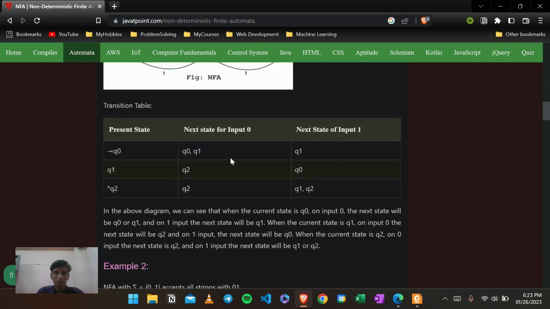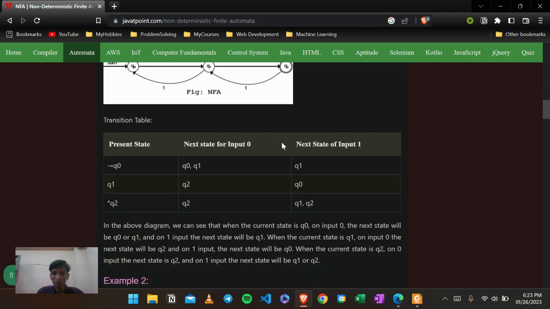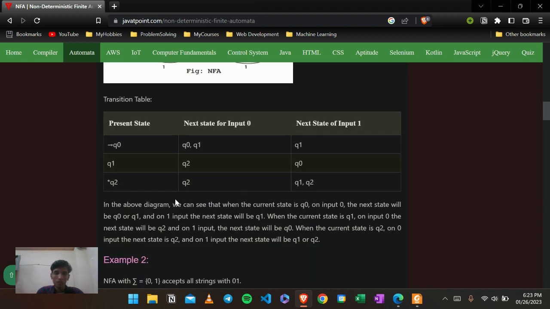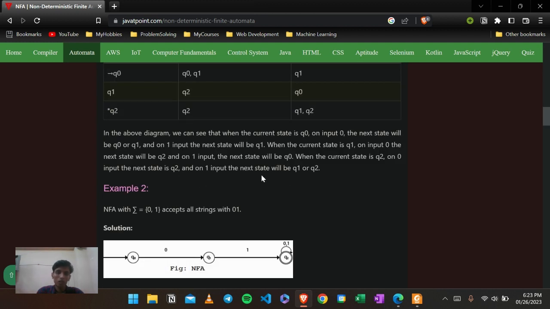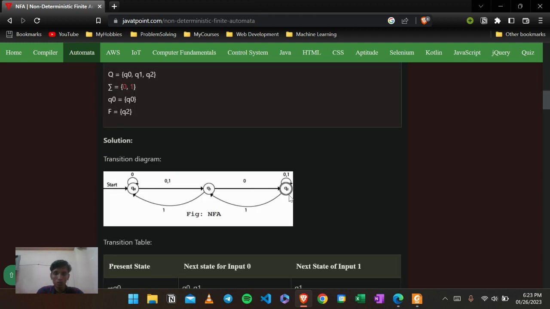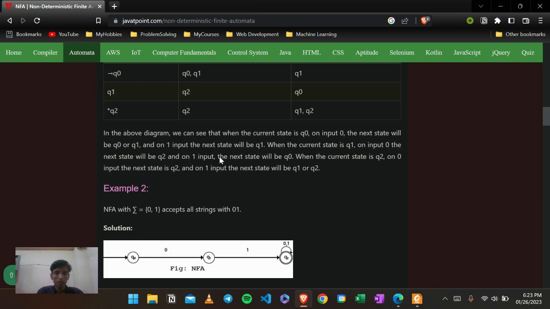Finally, when the current state is Q2, which is the final state, represented by a double circle, on input 0 the next state is Q2, and on input 1 the next state will remain Q2 as well as Q1. So this was the first example.